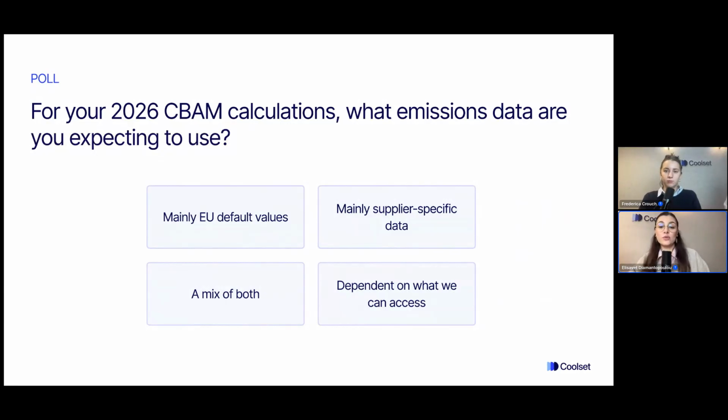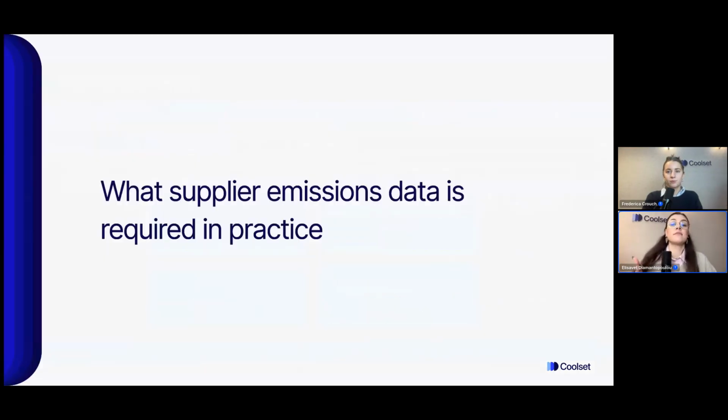And I think what we would suggest is that you start with what you have, and then you can already transition year by year to more actual data. Thank you very much for your answers to this poll. So now I'm going to move on with what are the data that you need in order to replace these default values.